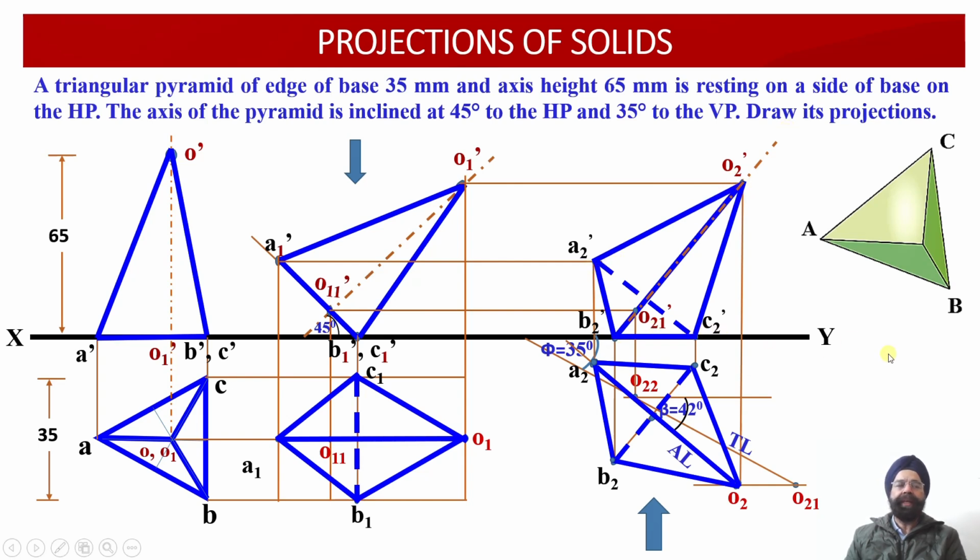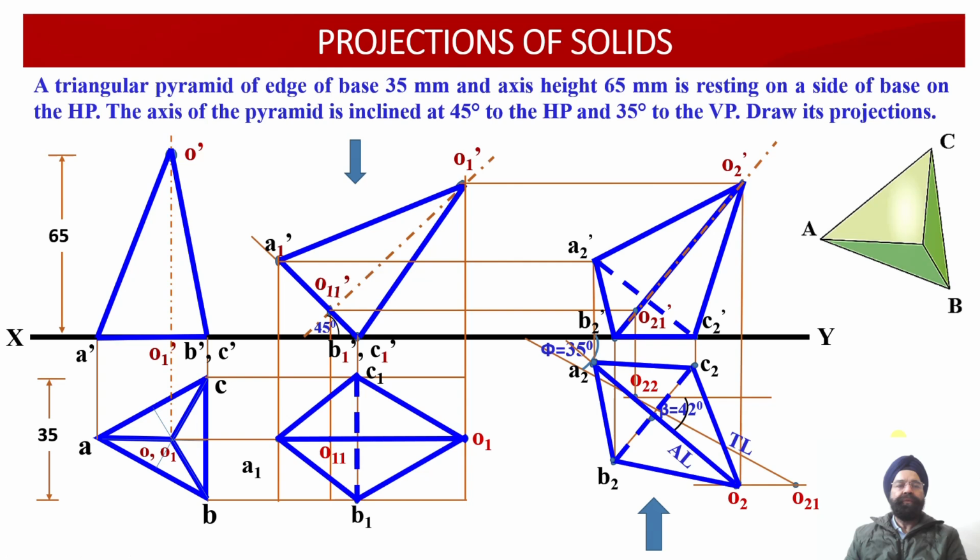This way we have obtained the front view projections as well as the top view projections corresponding to this oblique solid, in which the axis is inclined at an angle of 45 degrees with respect to the horizontal plane, and the true length of the axis is inclined at an angle phi equal to 35 degrees with respect to the vertical plane.